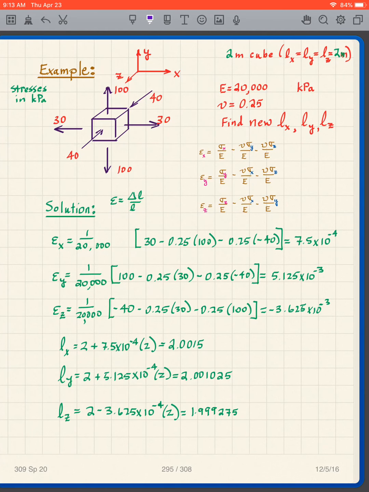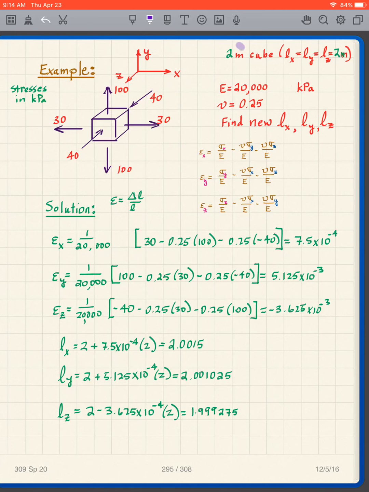Here's a little example. We have stresses in kilopascals here. I've got my coordinate system, x, y, and z, like that. And then these are the applied stresses. We have 100, 40, and 30 in the various directions.